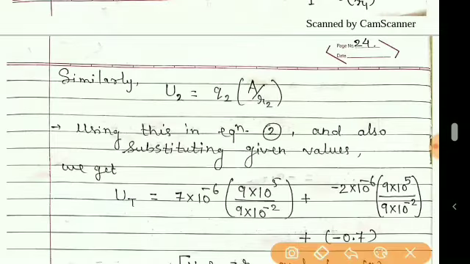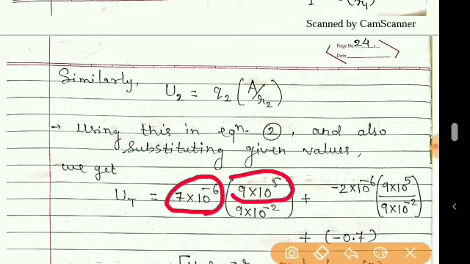So now putting all the given values, first is Q1 which is given as 7 microcoulomb, so 7 into 10 raised to minus 6. Value of A is given as 9 into 10 raised to 5, and distance R1 is 9 centimeter, so here we kept it as 9 into 10 raised to minus 2, which is now converted into meter.